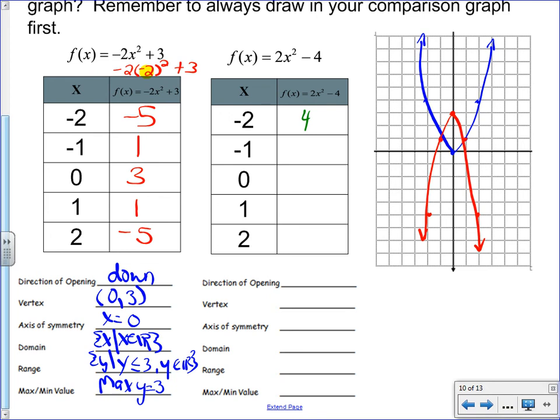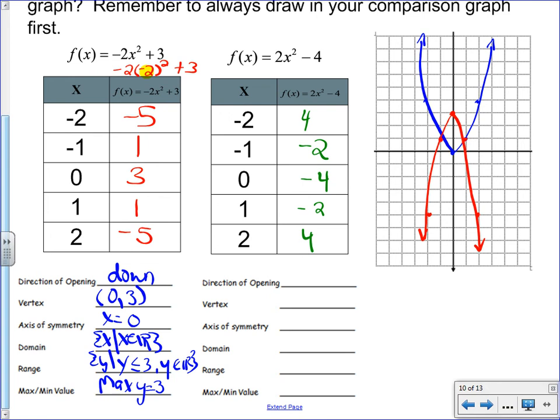F at 0, Robbie, what do I get? Negative 2 squared gives me 4, right? 4 times 2 gives me 8. 8 minus 4 gives me 4. Okay, my next values will be negative 2 and 4.